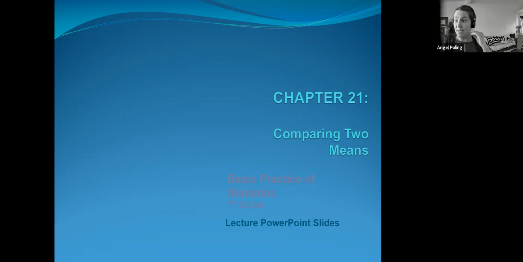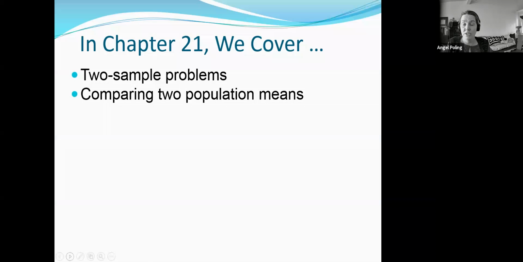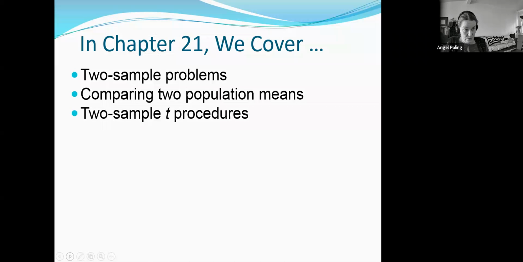And now step it up a notch. In chapter 21, we cover two sample problems, which will be comparing two population means, giving us the two sample T procedures.